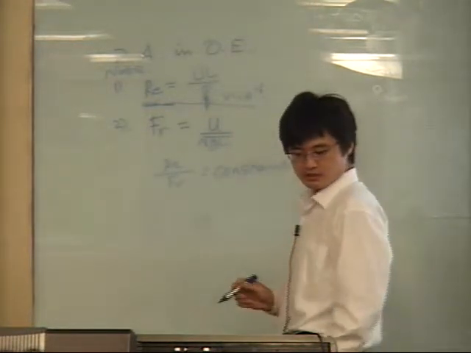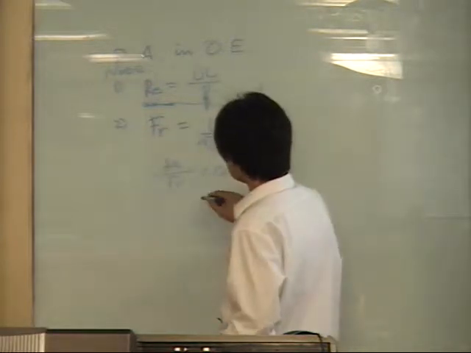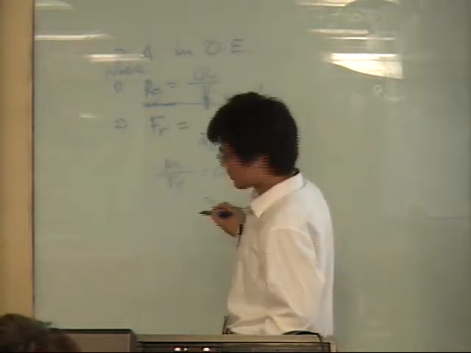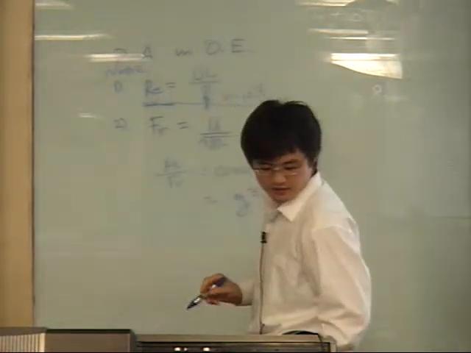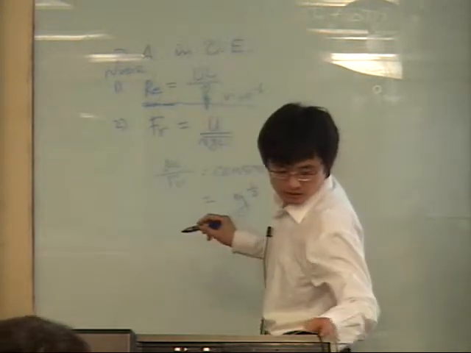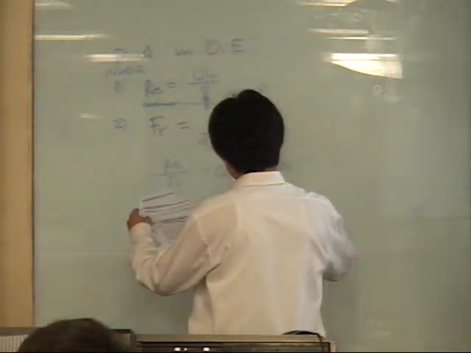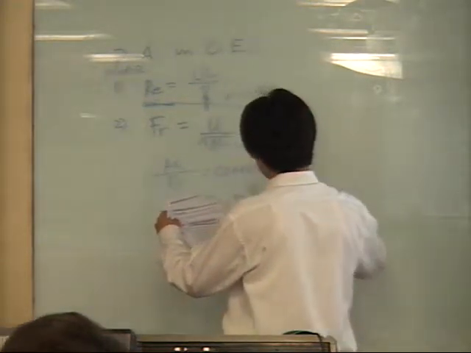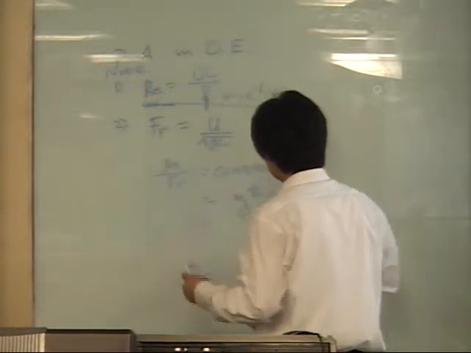Is that true? Let's see. The ratio equals g to the half, L to the 3/2, over nu.